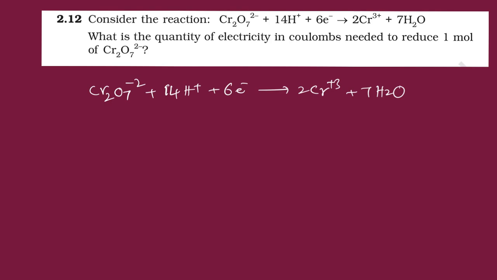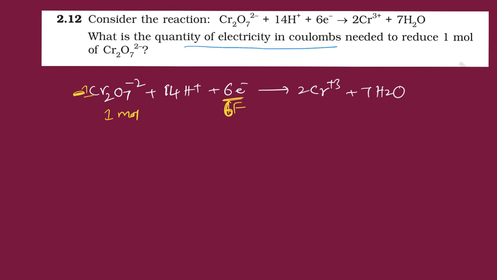Now, what is the quantity of electricity needed in coulombs? It means 6 Faraday is required to reduce 1 mole of Cr2O7 2-. Anyway, only 1 mole is there. Therefore, why I wrote 6 here: 1 Faraday for 1 electron, so 6 Faraday because 6 electrons are there.